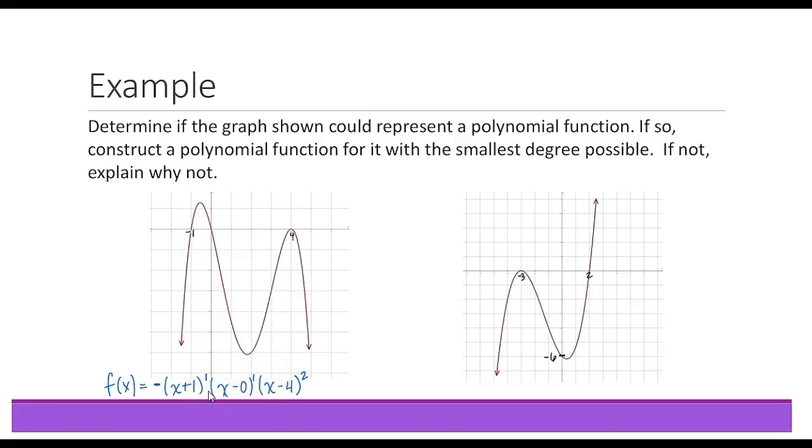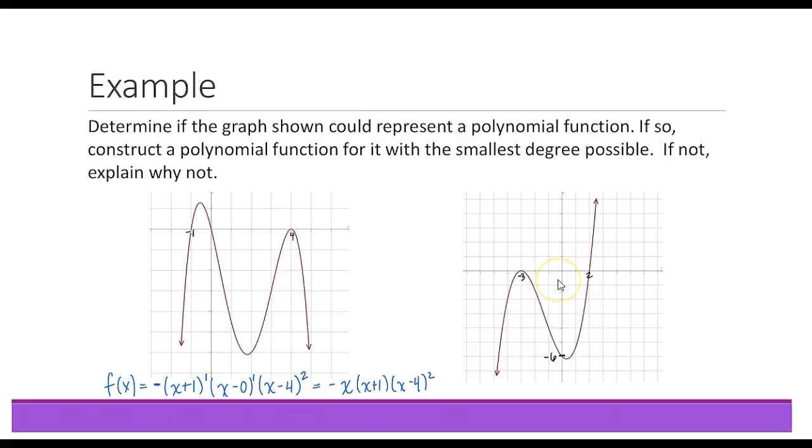So to make it look a little bit nicer, it would look like negative, I'm going to put the x first, then x plus 1, then x minus 4 squared. So we usually put the individual variable x, which came from this middle factor, in front, and then x plus 1, and then x minus 4 squared. So the negative needed to be multiplied to the front because it satisfies the end behavior. And the y-intercept is satisfied, because if I plug in 0 here, I will get out a 0.